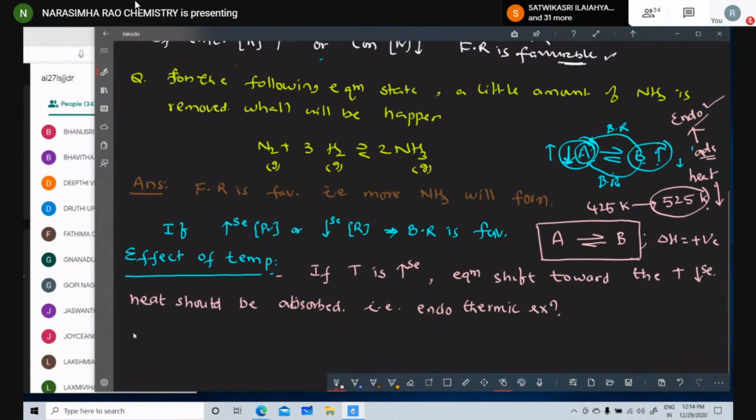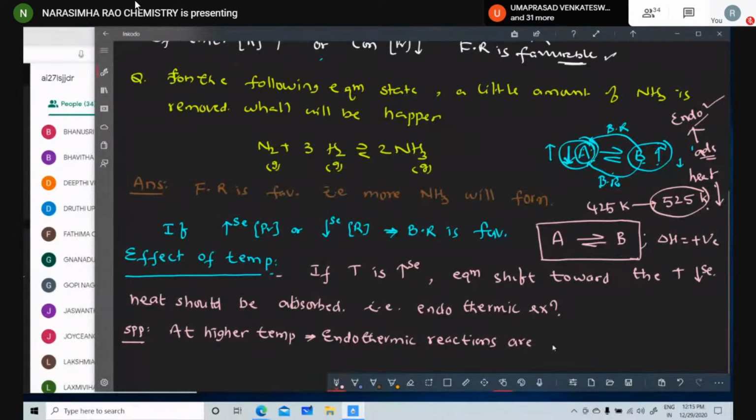Children, I am giving the statement. This is simply SPP, special point. At a higher temperature, endothermic reactions are more favorable.